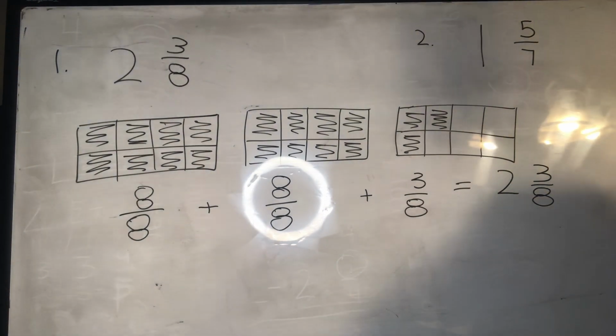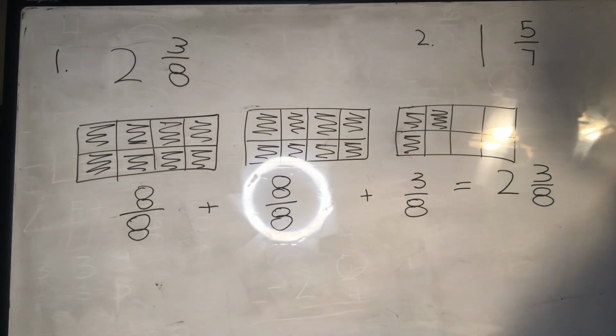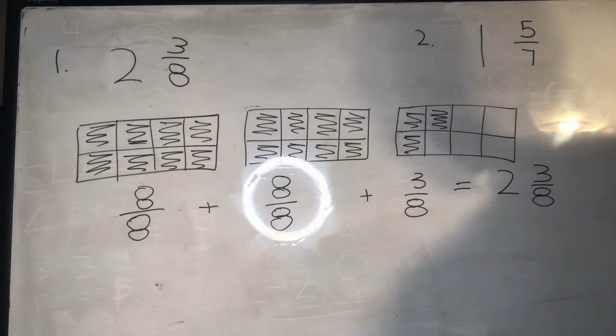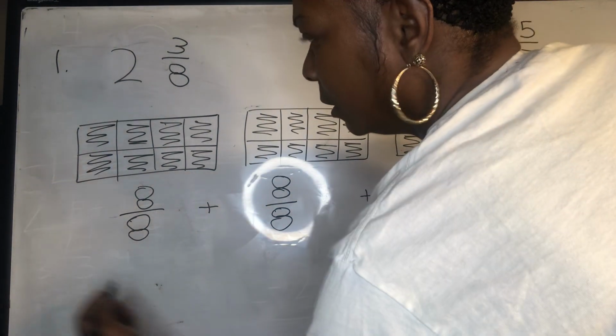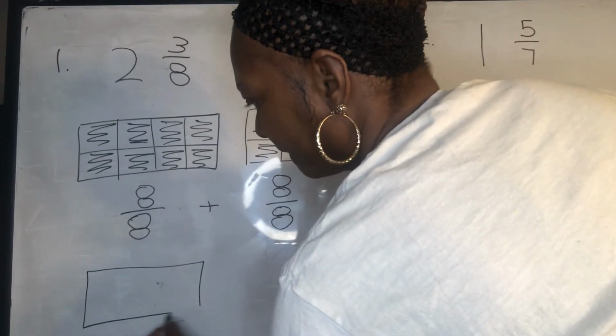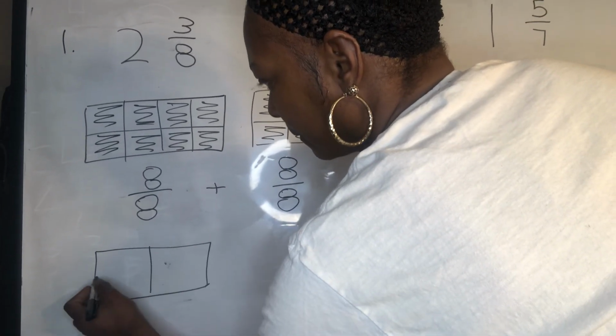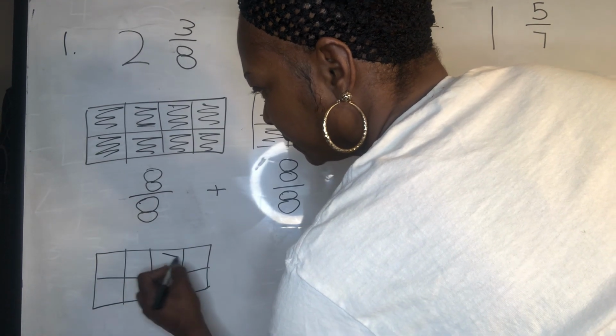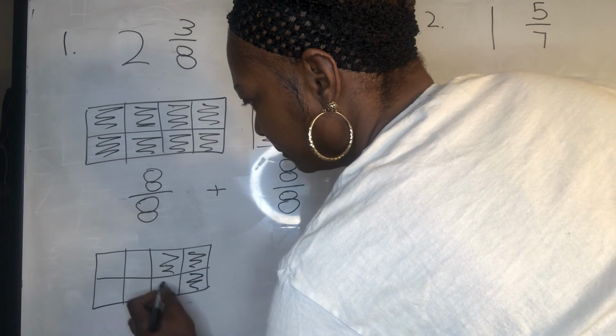Alright, so now we're just going to rearrange so we can find another way to represent the same mixed number. I'm going to use another whole diagram, so that's going to be another whole.